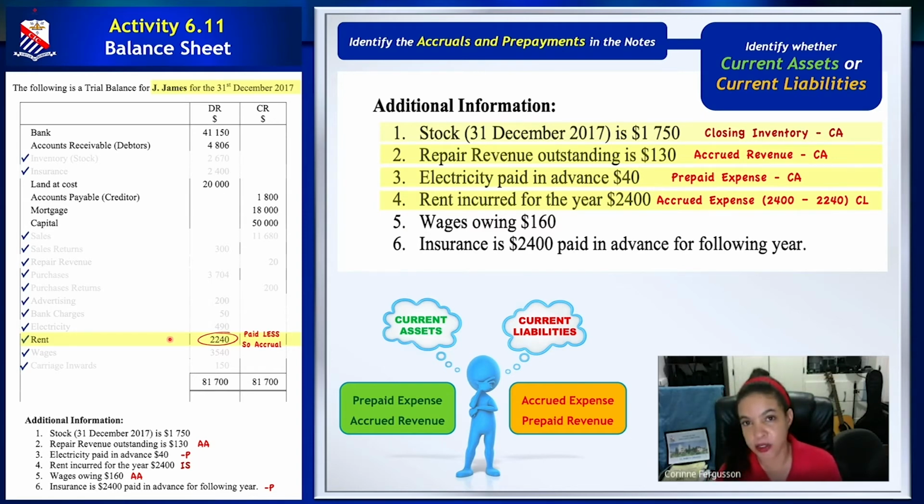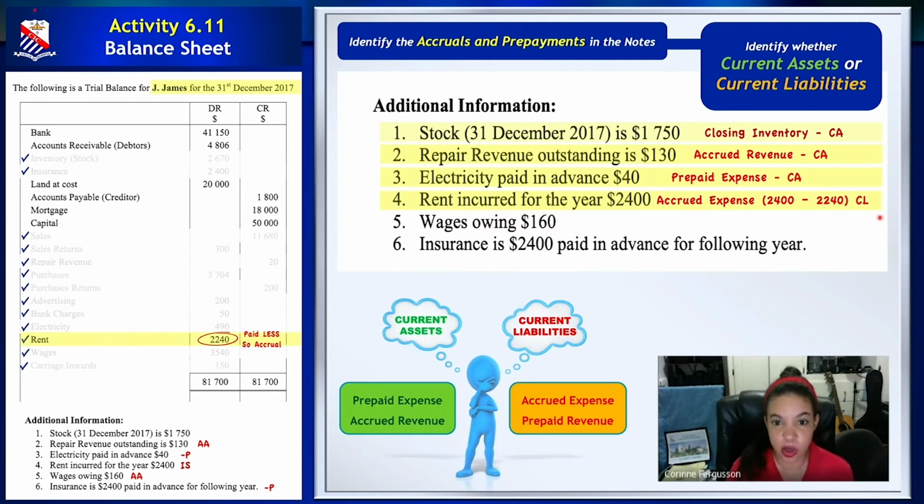So incurred is for expenses. And to find out how much is still owing, it will be the amount incurred minus the amount paid, which is in your trial balance. So the 2400 minus the 2240 will give you your accrued expense, and the accrued expense is a current liability because it is still owing.